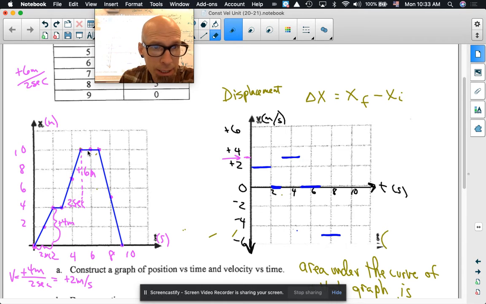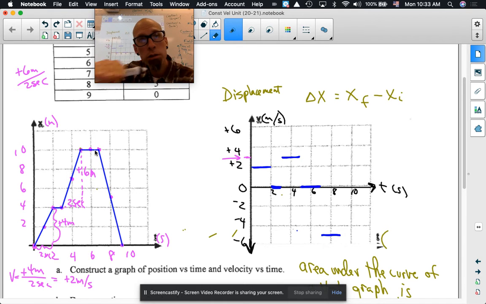Then we have another section that's horizontal, no slope, zero velocity, and that line went down here on the zero velocity axis between seconds 5 and 7, which is when that happened. And then finally, we have the last section, which is not a rise, but rather a fall.